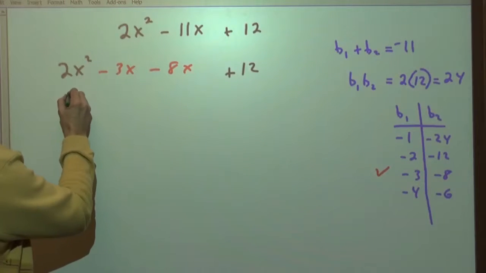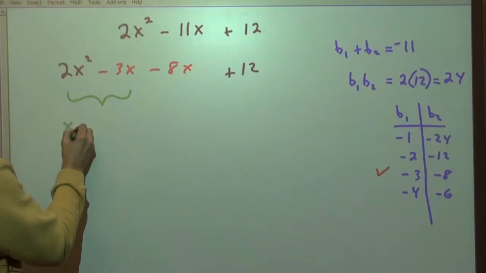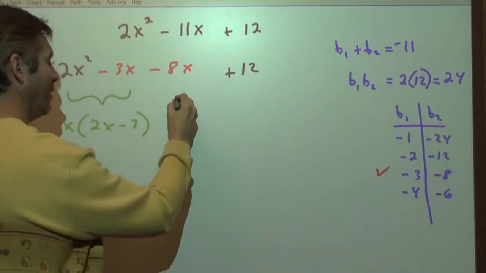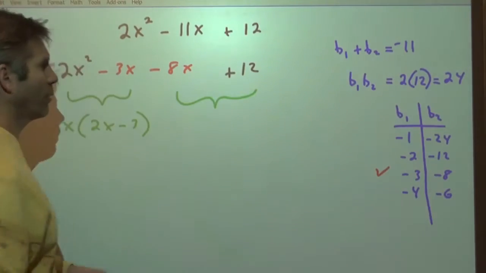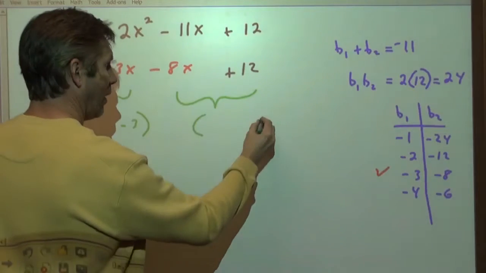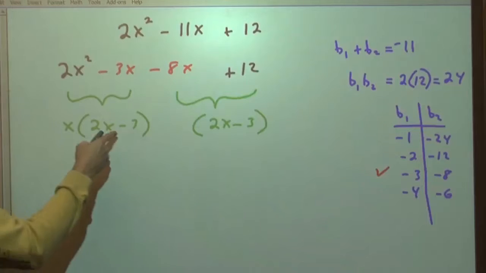Now we divide and conquer. We go to these two guys right here. The greatest common factor is just going to be an x, and we're left with 2x minus 3. We go over here, and the greatest common factor, we're either going to say it's 4 or negative 4, and let's think this through. Our goal over here is to end up with the exact same binomial that we have right there.